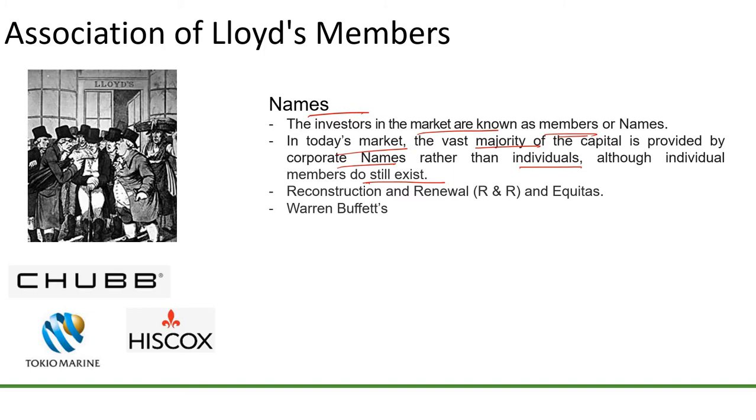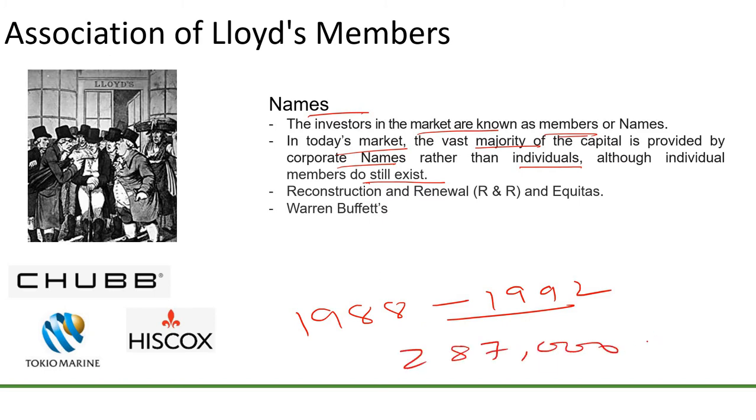Names were exposed to huge claims as Lloyd's racked up losses of 8 billion pounds, close to 15 billion pounds in today's money, between 1988 and 1992. These claims were mainly due to asbestos pollution claims arising in the US. Each name lost an average of 287,000 pounds at that time.